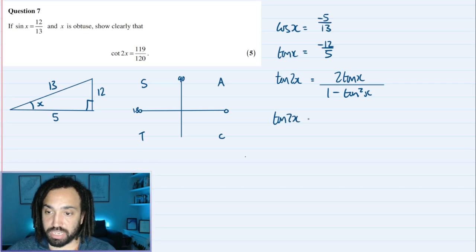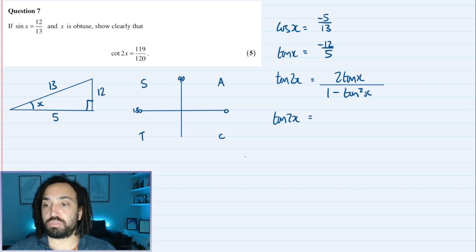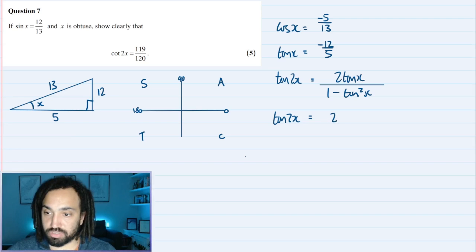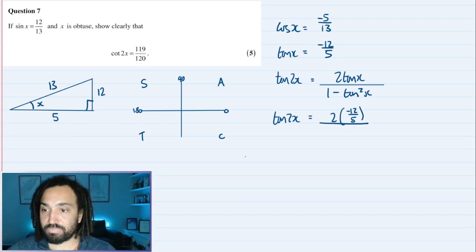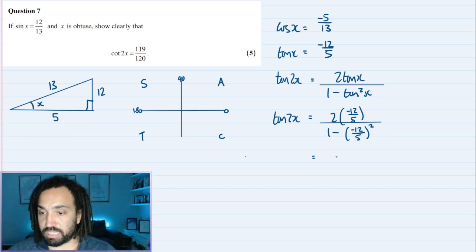So tan 2x is equal to 2 lots of tan x, which we know is minus 12 over 5, all over 1 minus (12 over 5) squared. Okay, lovely. So let's expand out. So the top gives us minus 24 over 5. And the bottom gives us 1 minus 144 over 25.